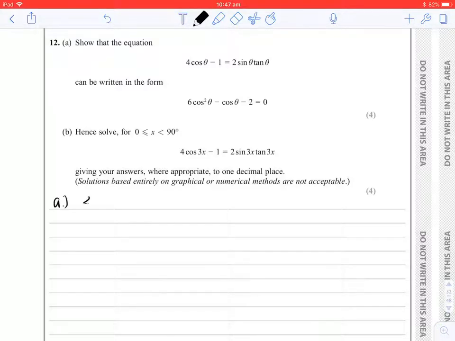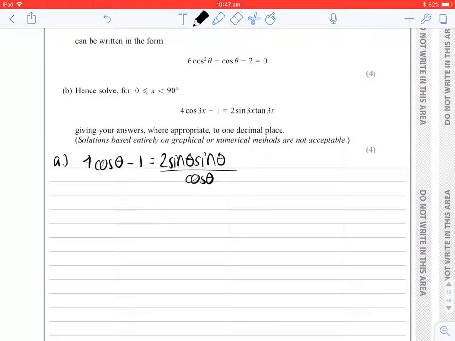So for part A we've got 4 cos theta minus 1 equals 2 sin theta. I can't do much with that at the moment, so I'm going to leave it there. I'm going to call tan theta sin theta over cos theta. So by moving my cos theta over to the other side, I'm going to get 4 cos squared theta minus cos theta equals 2 sin squared theta.